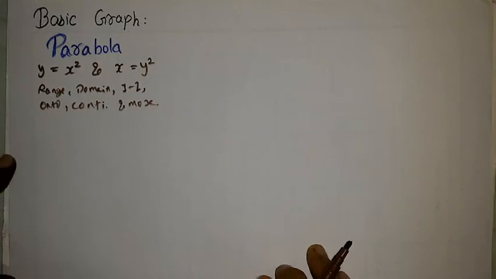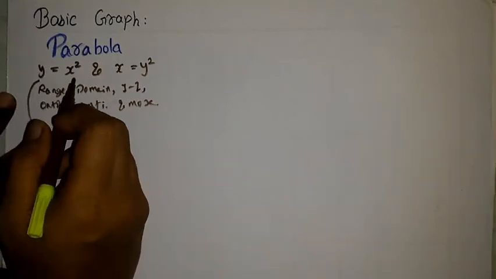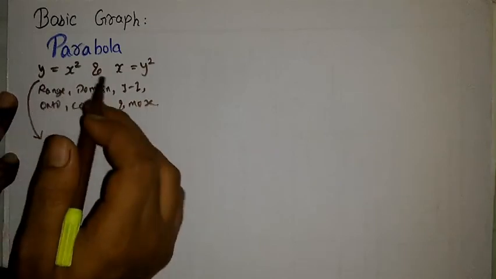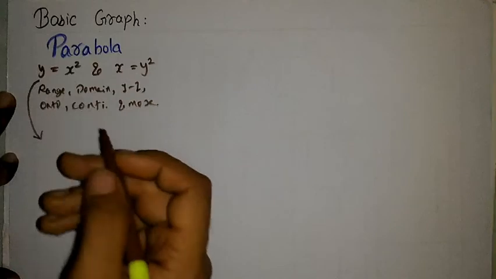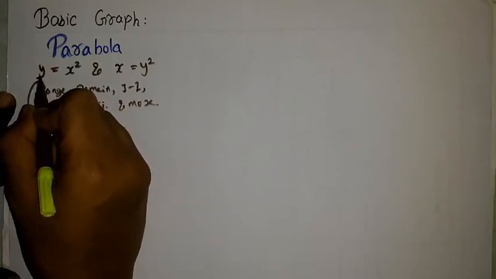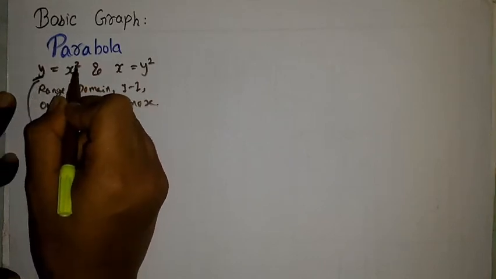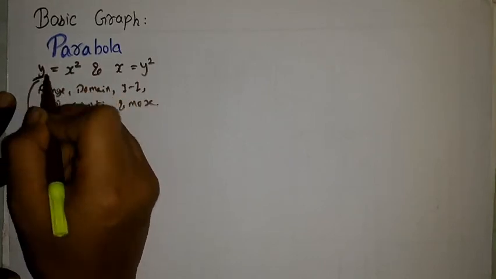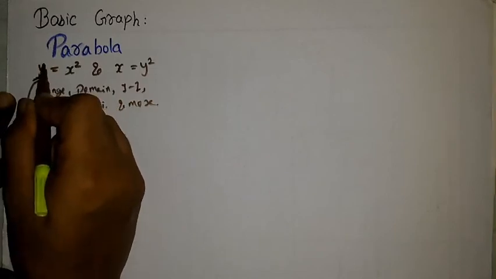So let's draw the basic graph y is equal to x square. We know that this is the equation of a parabola, of the type y is equal to ax square. In this equation, see which variable is linear and which has the square. Here y is linear, meaning it does not have a power.